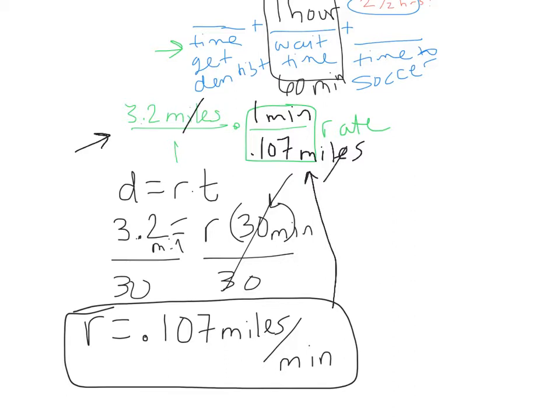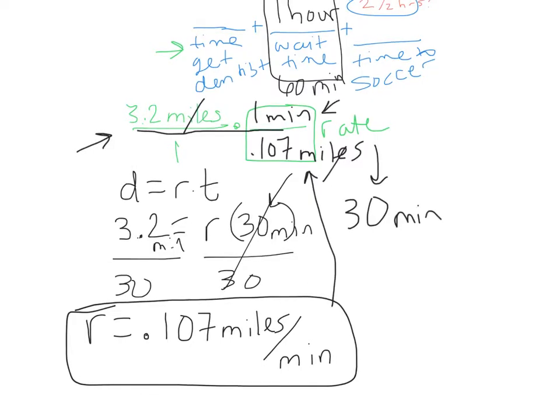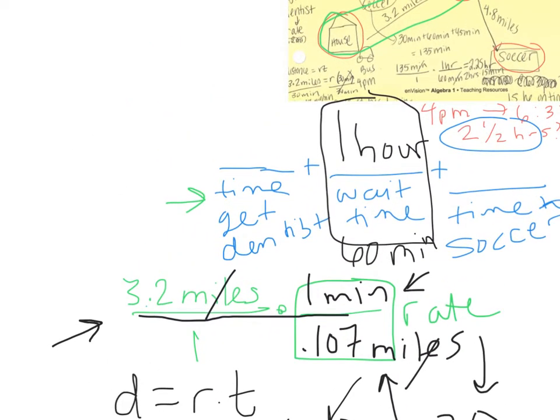So we have on top 3.2 divided by 0.107, and that turns into about 29.9. So we'll say it's about 30, and this is in terms of minutes because that's the unit that's left. So the time to get to the dentist after all that work was 30 minutes.